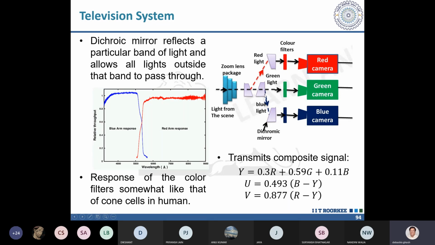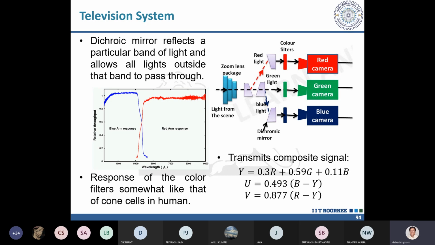Then another portion is redirected. You use a dichroic mirror to filter out a portion of the blue wavelengths and redirect it to another camera, and the rest of the light goes to the green camera. So all the light falling on my camera is now divided into more or less 3 bands.